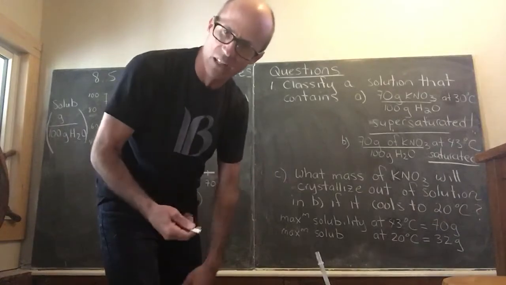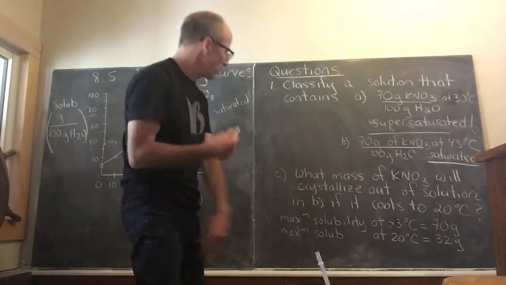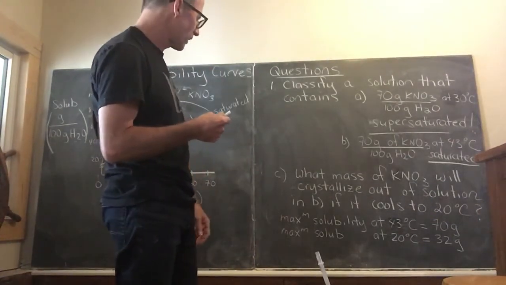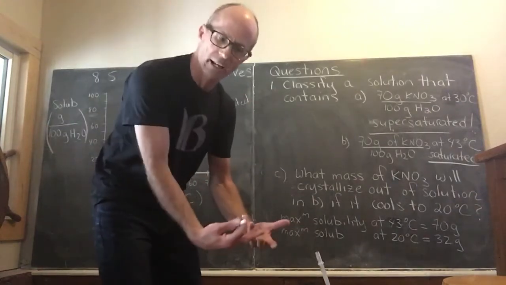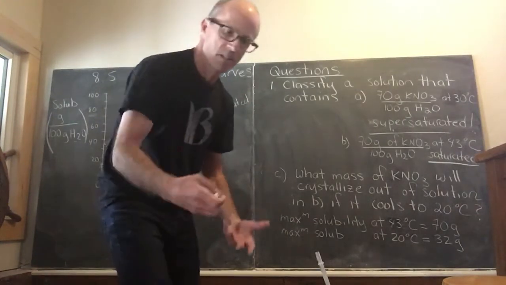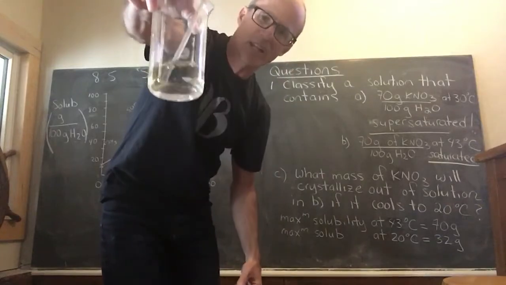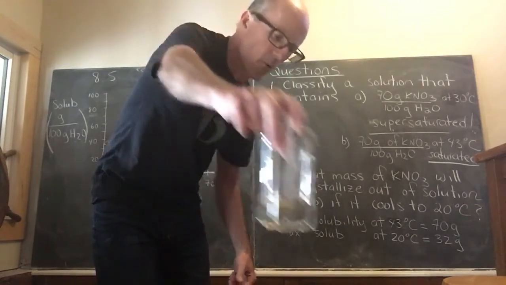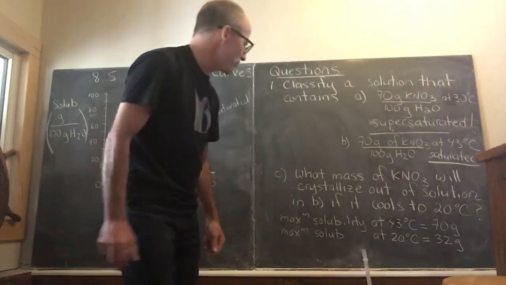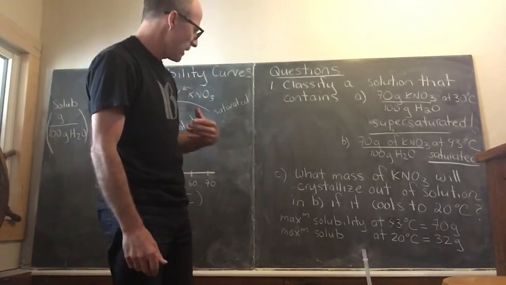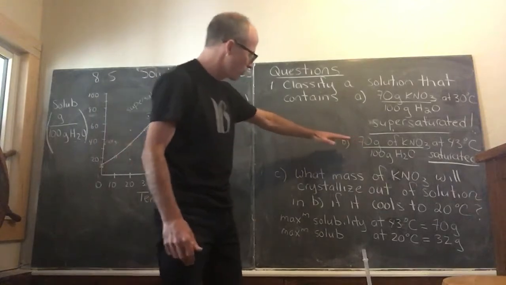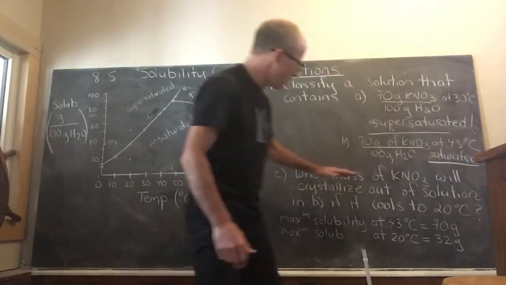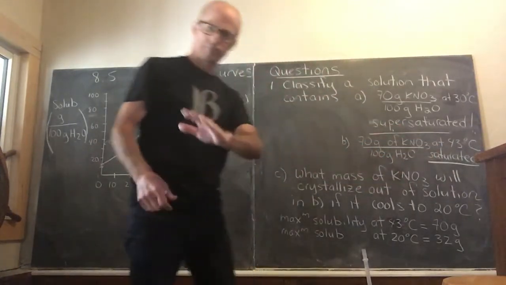It's kind of a neat thing to look at. So the question is, what mass of potassium nitrate will crystallize out of solution? Even this solution that I did dissolve, if I cooled it down enough, we would see a solid form. What amount would crystallize out if we take the solution in B, which is at 43 degrees, and we cool it down to 20?